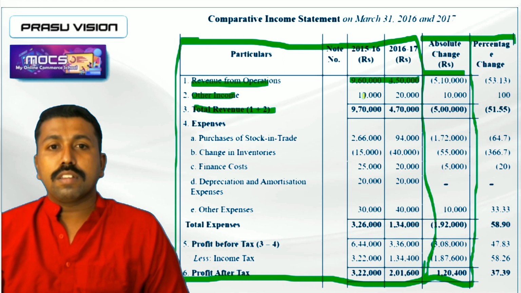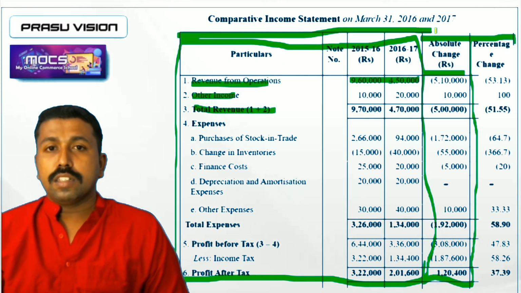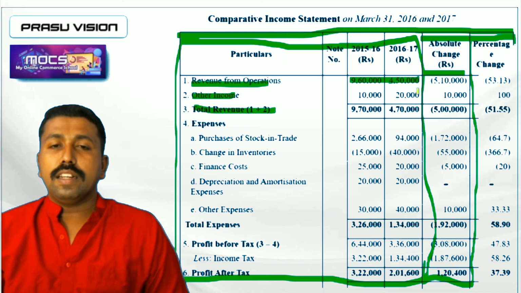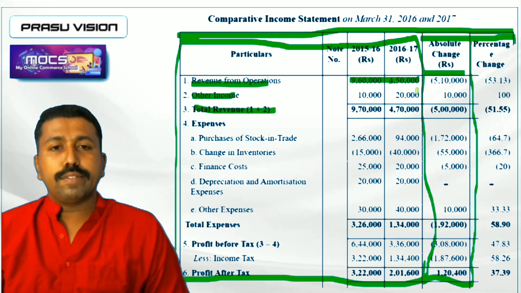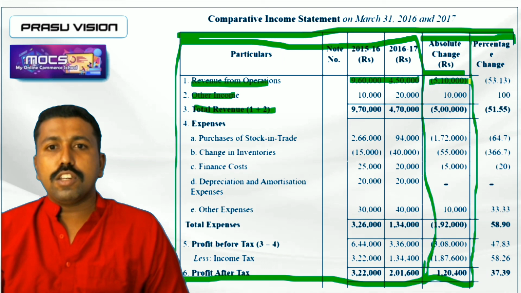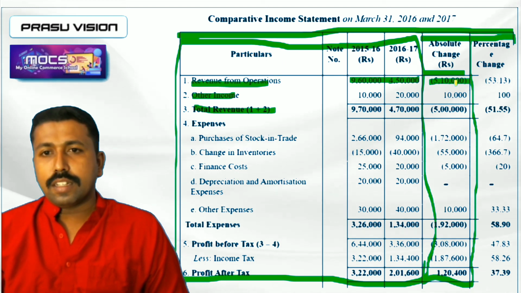Previous year value is 9,60,000. Whichever is the highest or lowest value, the procedure is current year minus previous year. 4,50,000 minus 9,60,000, we will get negative 5,10,000.